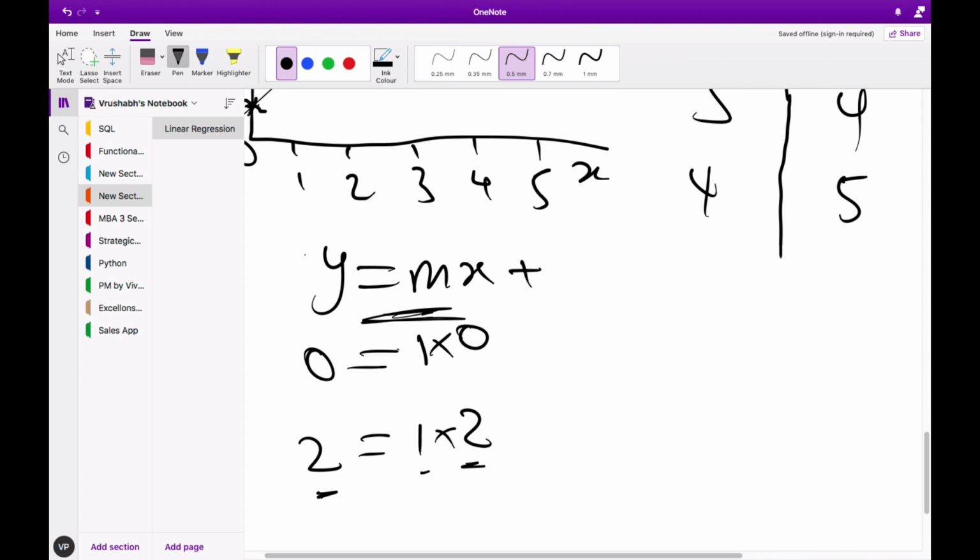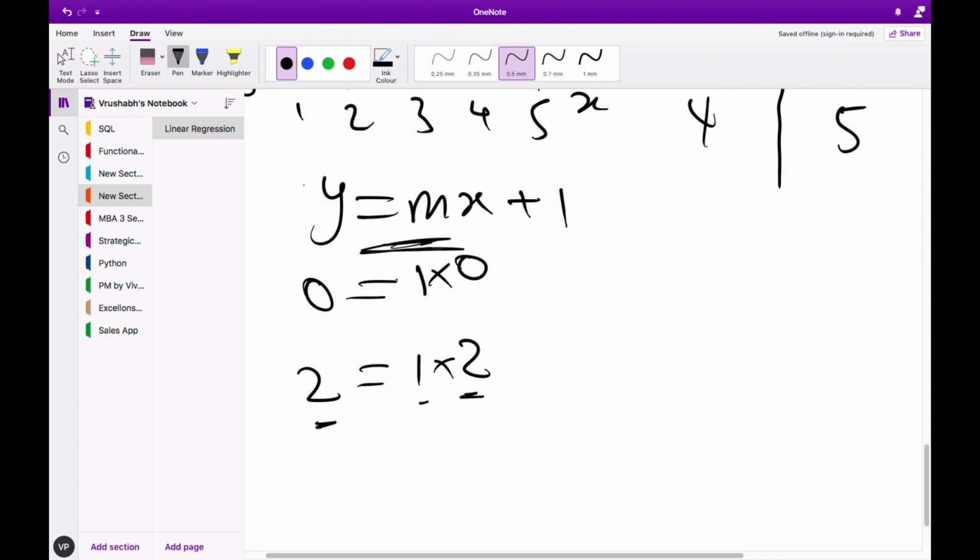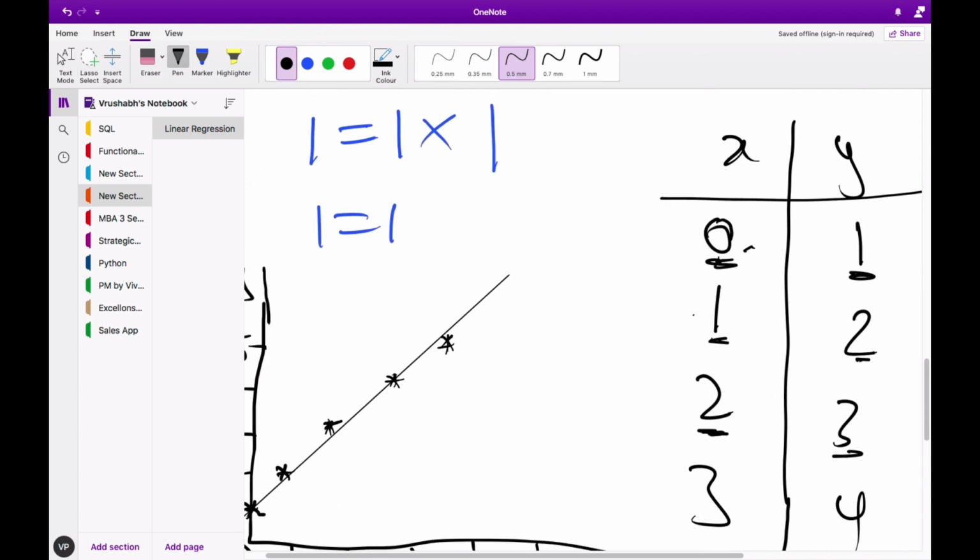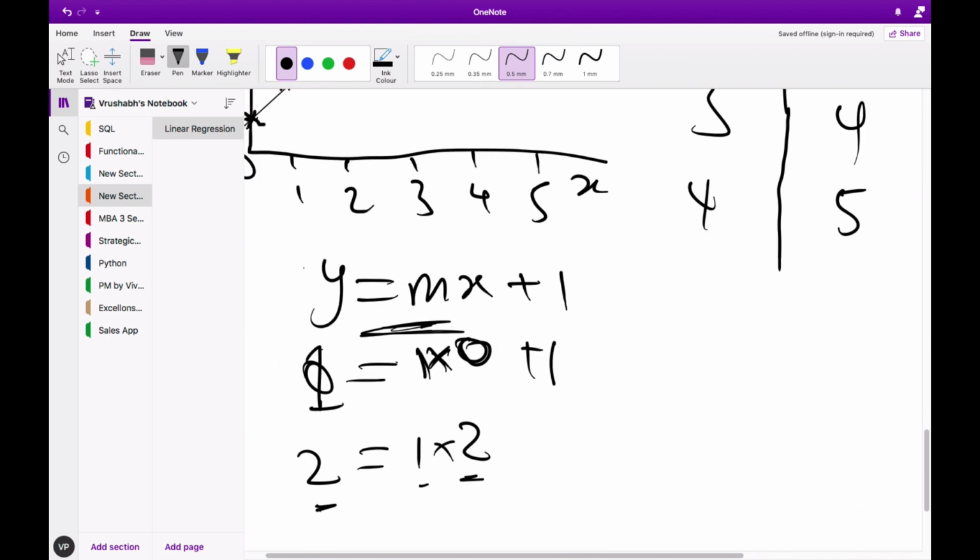Now what if we introduce another thing over here? Let's say we add 1 to it. What if we add 1 to this equation? Now if the x value is 0, when we multiply by 1 and we add 1 to it, that will give us the perfect one.